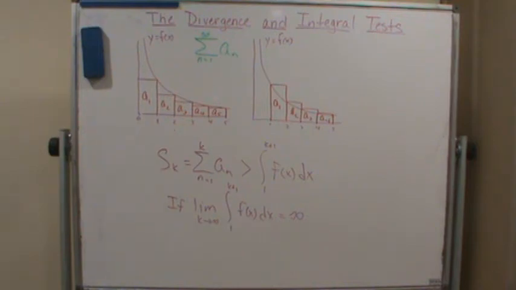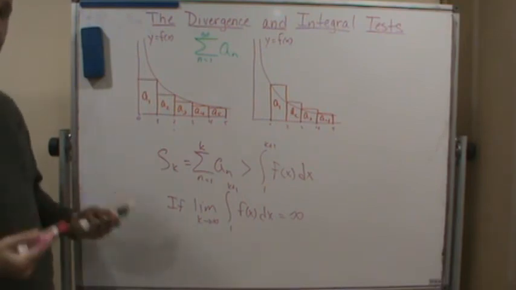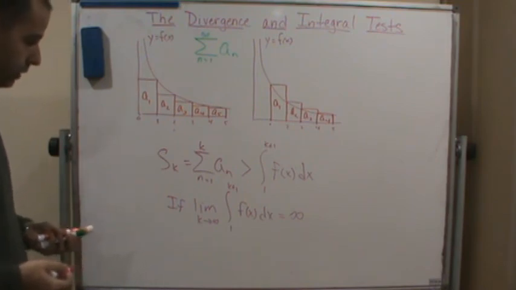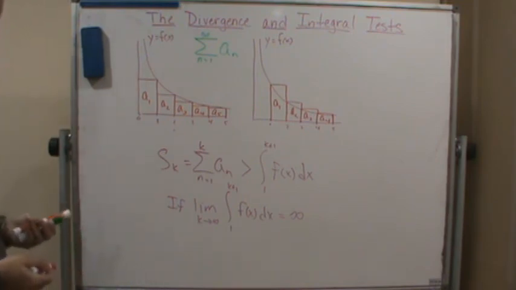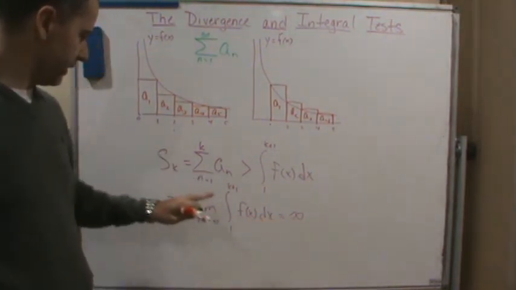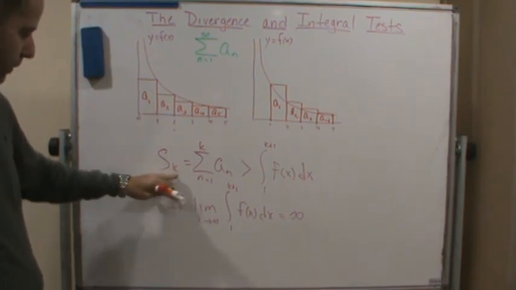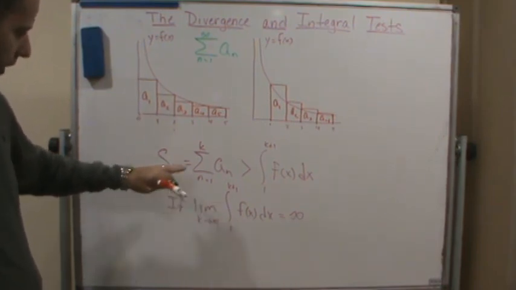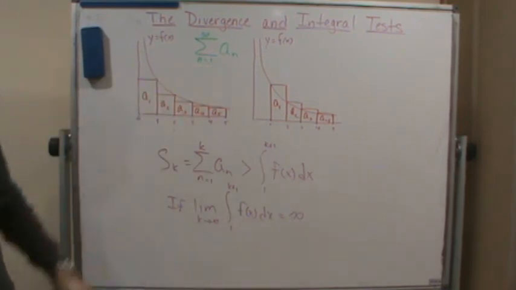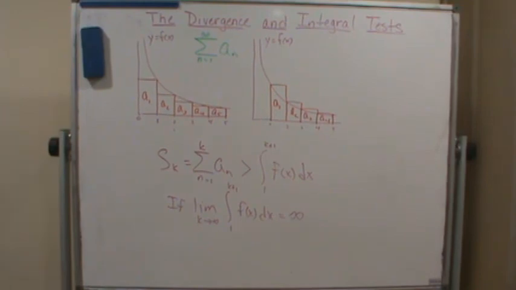Then the sequence of partial sums is unbounded, and therefore diverges. And if the sequence of partial sums diverges, then we know that the series diverges.